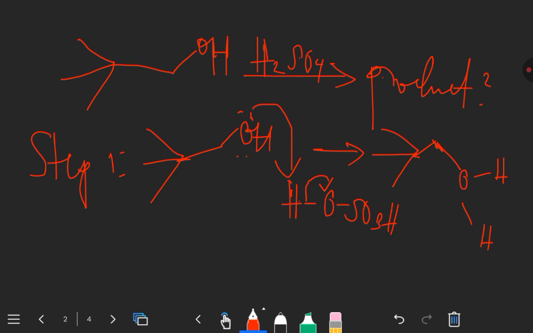Now this water is a good leaving group, so it can leave. So the bond will break, taking the electrons to oxygen.